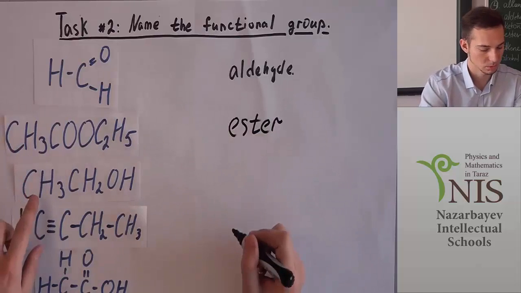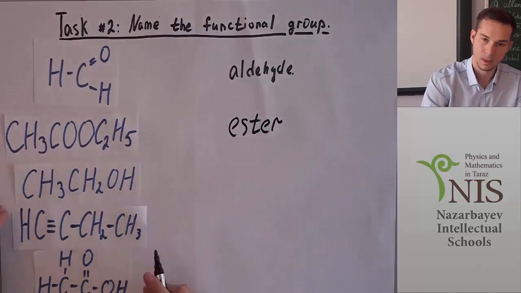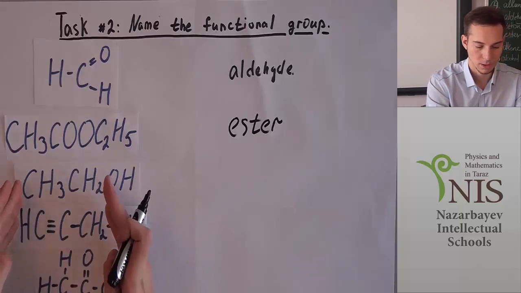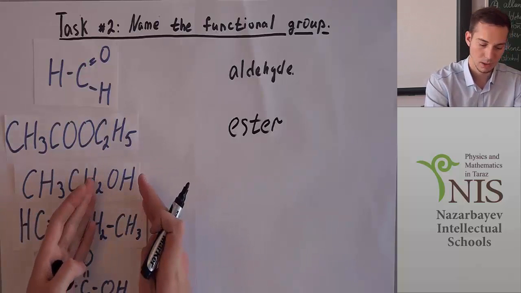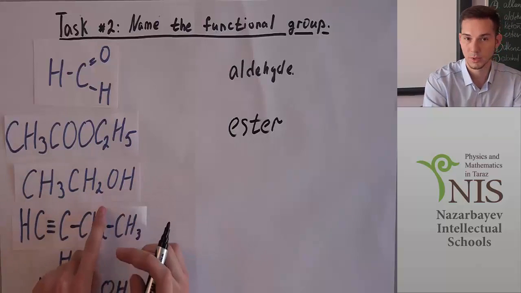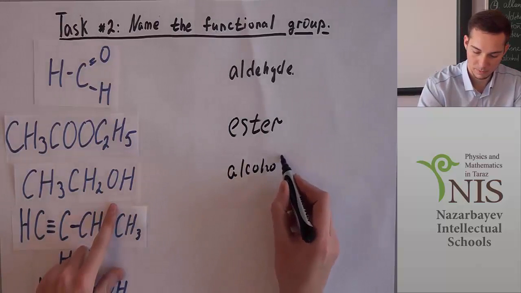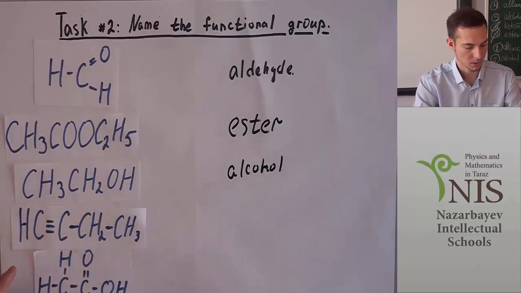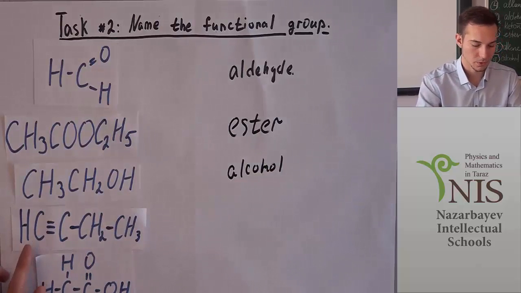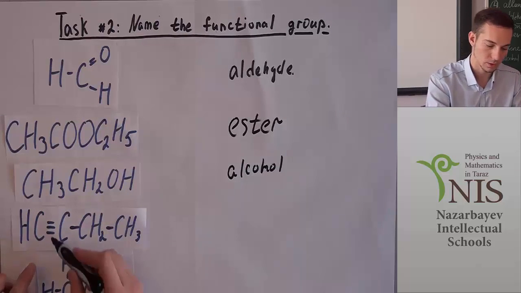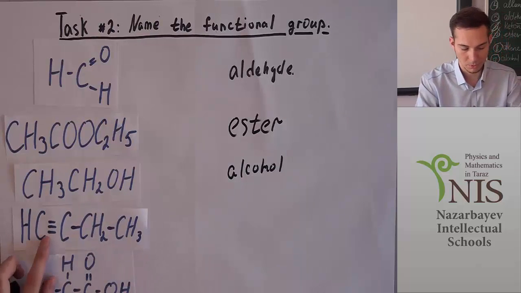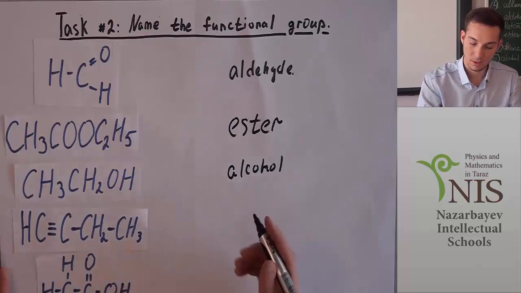I think you are good with this. Next one. You will see here hydrocarbon radical and OH. OH means that it is an alcohol. Yeah, great. Next one. The first thing you can notice here is the triple bond. Triple bond means that it is an alkyne.